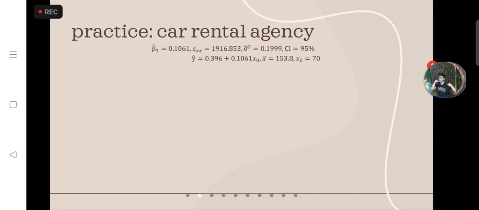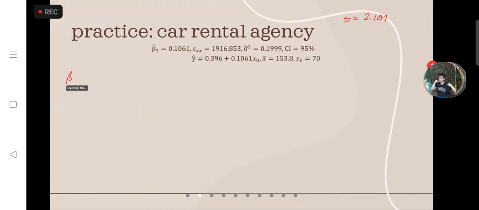Sige. Next, let's solve for the value for the confidence interval of the intercept.